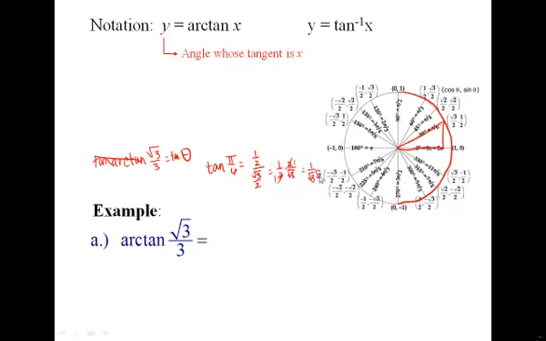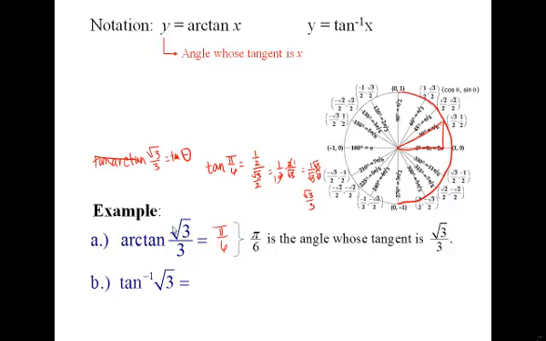When we rationalize this, we get exactly what we want, the square root of 3 over 3. So I got a little lucky here, but this is equal to pi over 6, because pi over 6 is the angle whose tangent was the square root of 3 over 3, whose side-to-side ratio was that. Okay, let's go ahead and look at this one.